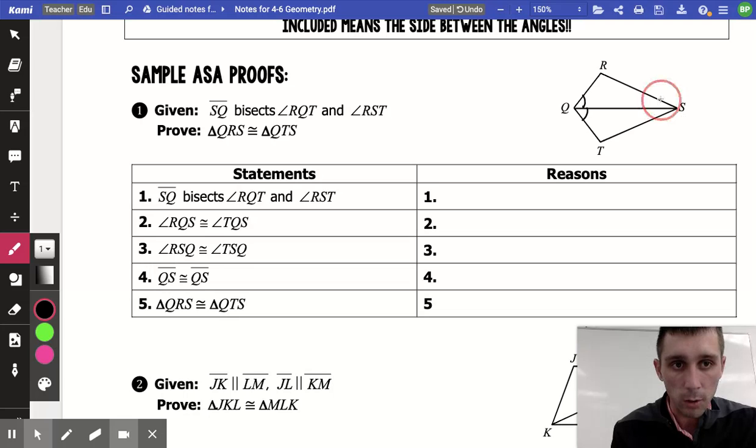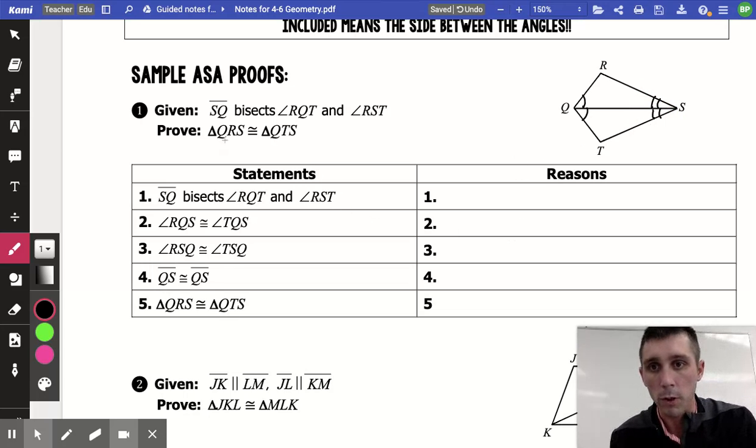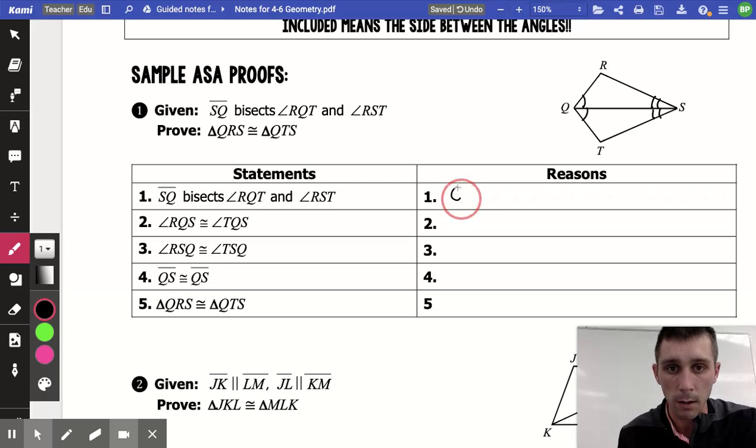So this angle, it cuts it into two congruent angles, all right? So what are we trying to prove? We're trying to prove QRS is congruent to QTS, all right? So SQ bisects, that's in that given area, all right?